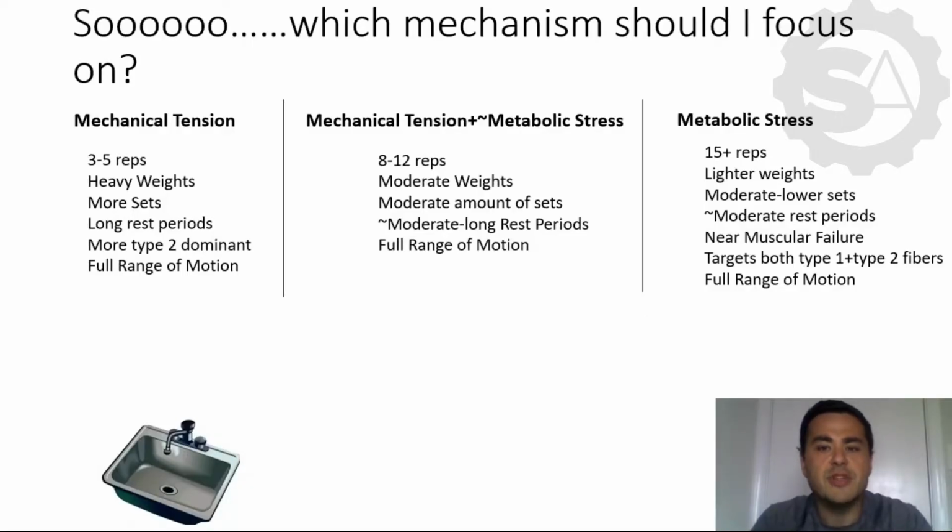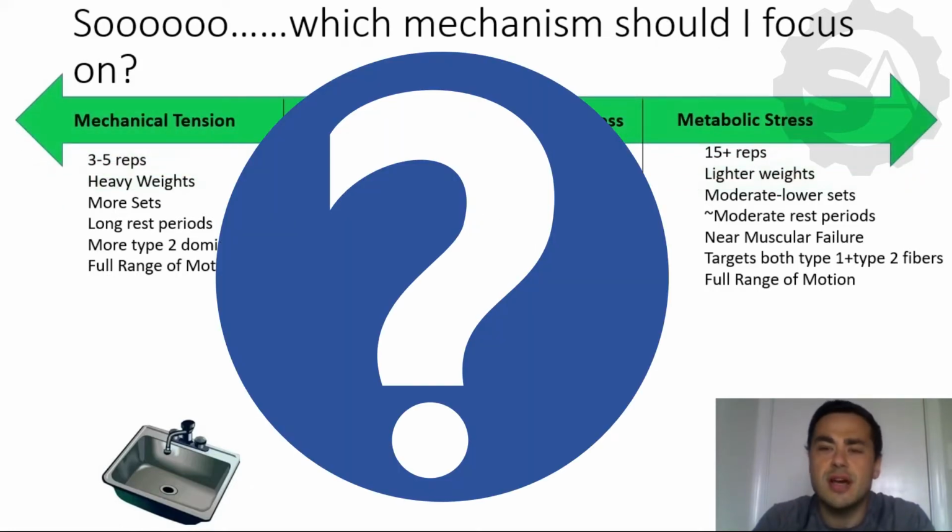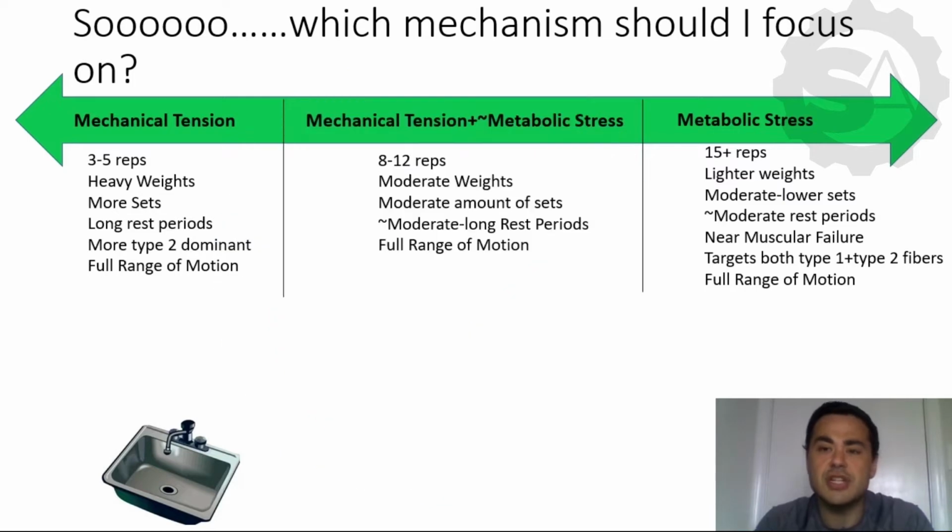Within those mechanisms, the question usually comes up, well, which one should I focus on? What should be the one that I put the most time into? If we look at the different characteristics of mechanical tension and metabolic stress, and then think about muscular damage kind of being a byproduct of that a little bit, we'll talk about some of the ins and outs of that later. But if you look at mechanical tension, generally speaking, we're thinking of reps being 3 to 5-ish.